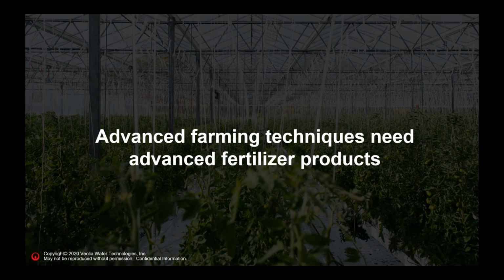Advanced farming techniques, including fertigation, foliar feeding, and precision farming, cannot work with conventional or traditional fertilizer products. That's why they need advanced fertilizer products available in the market so that they can really achieve their goals.